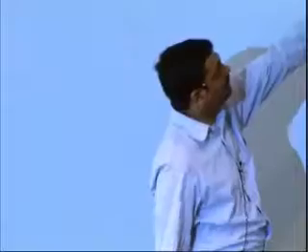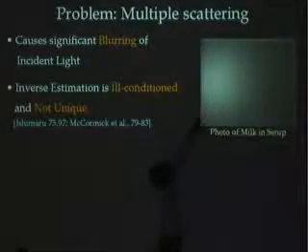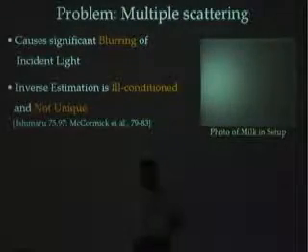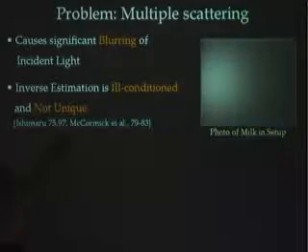So if you look at milk here, and you have the light source there, you don't see the shape of the light source at all. It just completely blurs out. Okay, so estimating things from such an image is ill-conditioned, and it doesn't have to be unique as well. Okay, so it's a much harder problem to try to invert this.